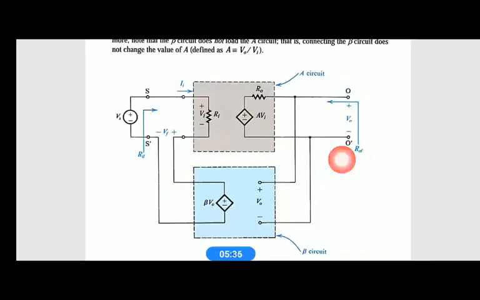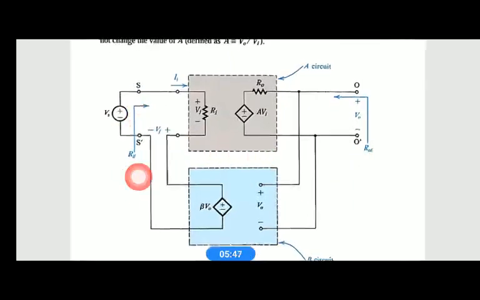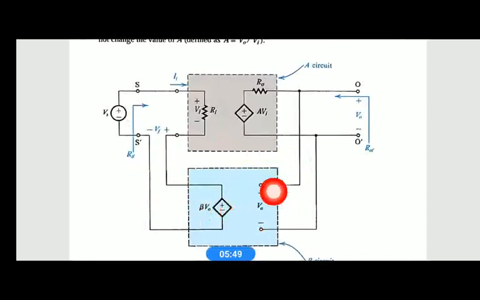So the input resistance, looking from S and S dash, is RIF. When you connect this feedback network, the input resistance of the amplifier changes from RI to RIF.